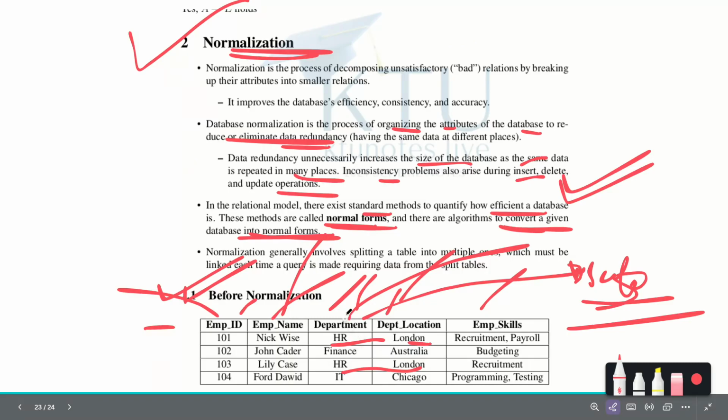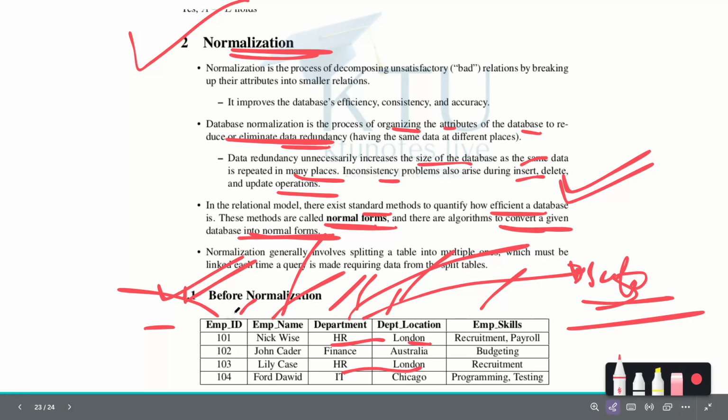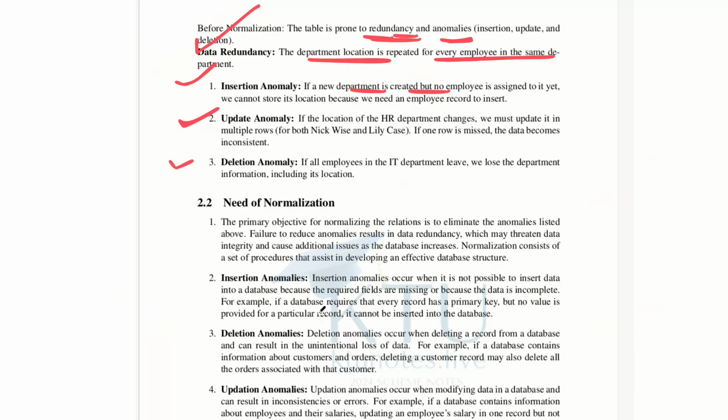I can write sales and the department location, these two things only. But I am inserting only the department, so the employee name and employee ID are not there. The employee ID would become null, because there is no employee. It has not been assigned yet.